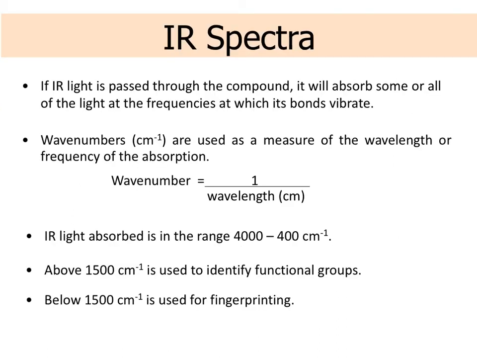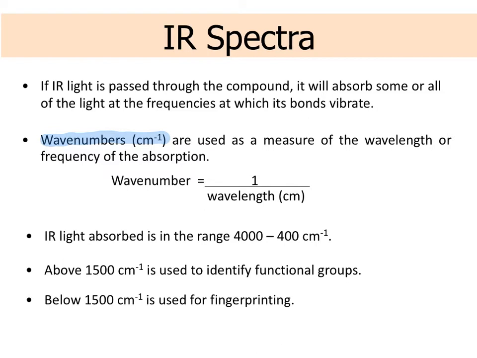One of the things that we're going to notice, and you may have seen this on data sheets that you've used in tests so far, is we're going to be thinking specifically about the wave numbers of peaks. Well, they're not really peaks, they're actually absorptions, but they're going to look like inverted peaks or upside down peaks.